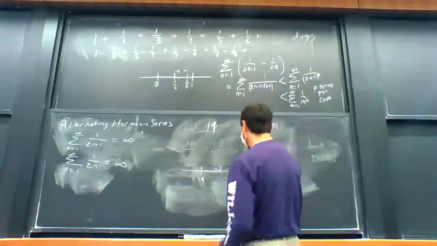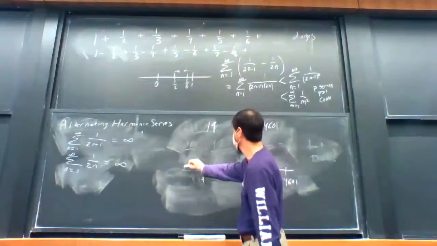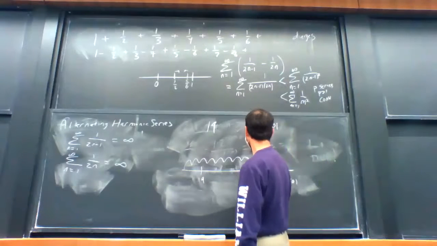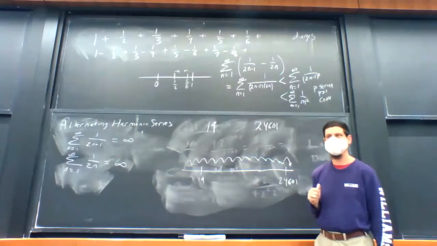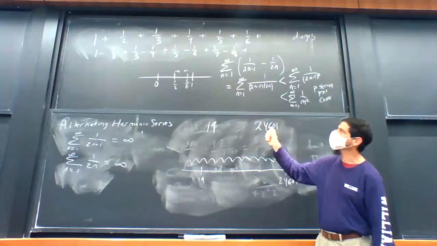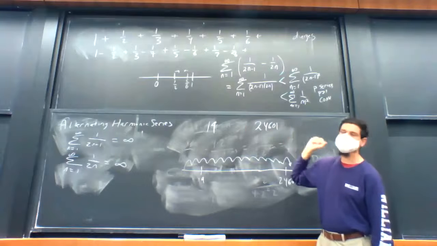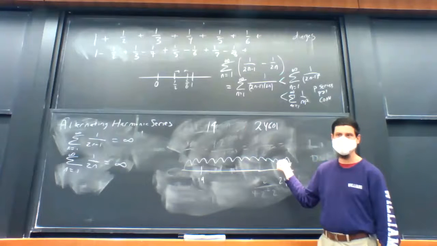So what we do is we keep adding the positive terms until we first exceed 24601. And so we add 1, that's a third, that's a fifth, that's a seventh. It's going to take a long time before we exceed this.